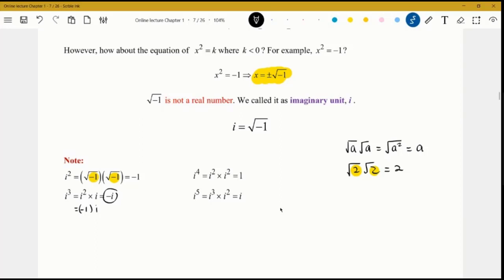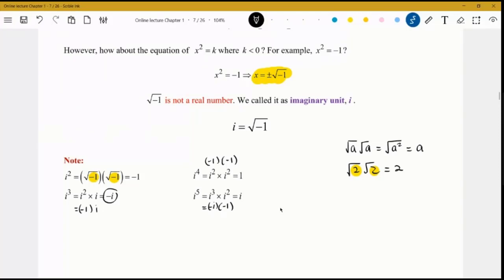I square kita tahu dia adalah negative 1, negative 1 darab dengan negative 1, so kita akan dapat positive 1. Okay, and for i to the power of 5, split to be 3 and 2. So i cube kita tahu dia adalah negative i, i square adalah negative 1, so negative i darab dengan negative 1 adalah positive i.